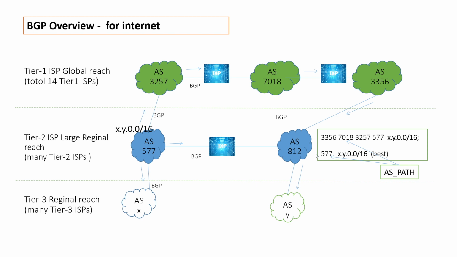If AS812 wants to send traffic to x.y.0.0/16, it will send the traffic directly over the bottom link to AS577. This picture gives a very high-level view of how BGP works and what BGP routes look like.